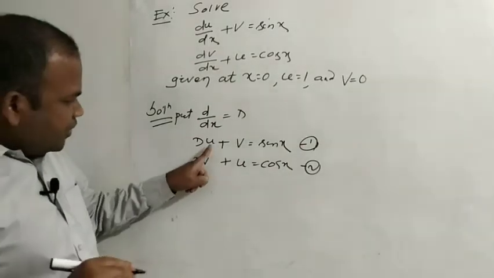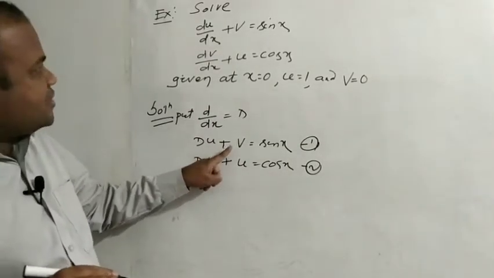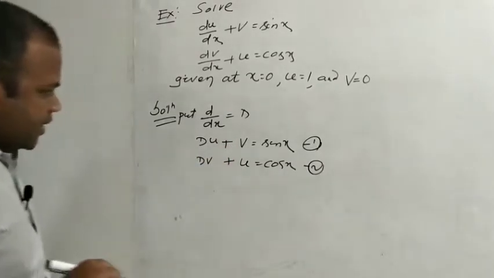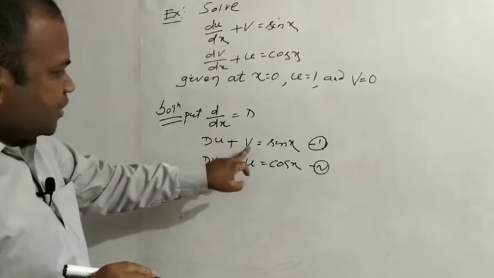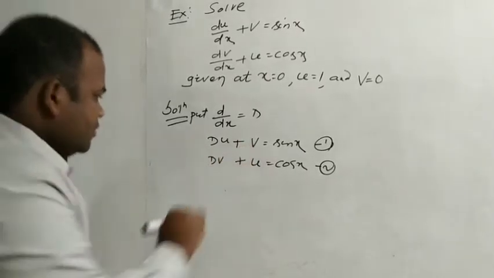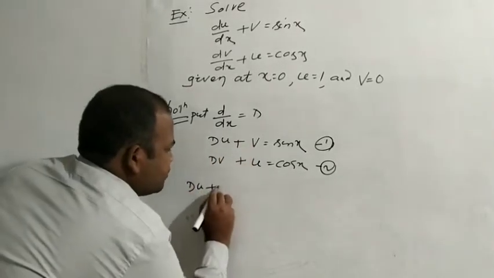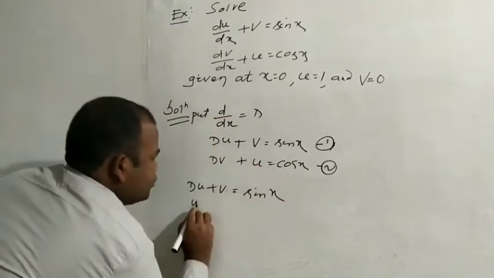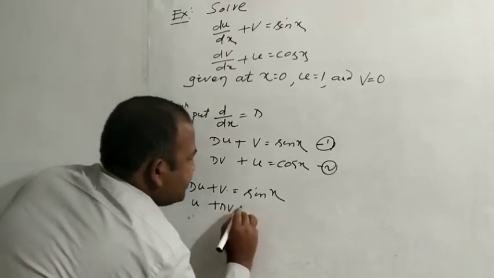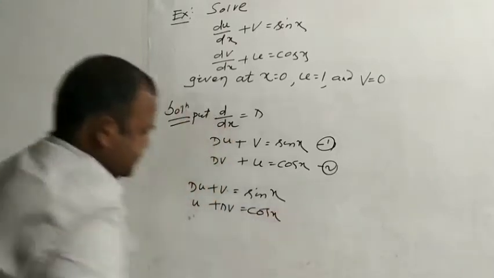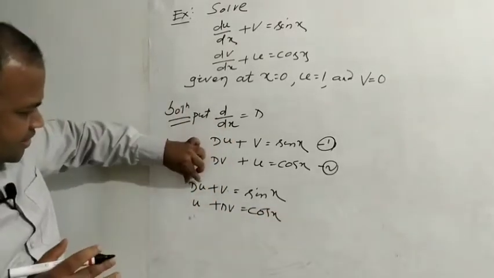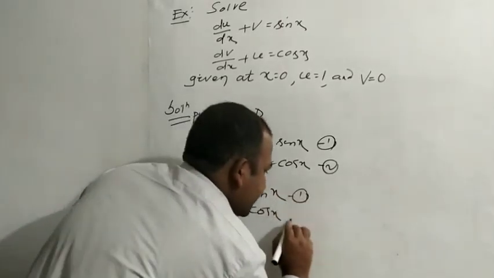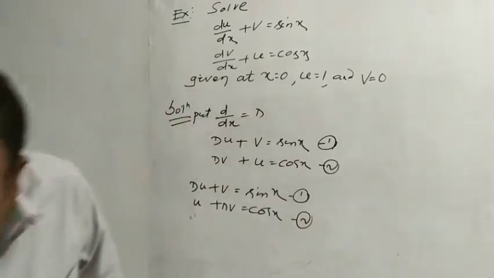Just arrange in the form of u and in the form of v. Let this be equation number 1 and let this be equation number 2.